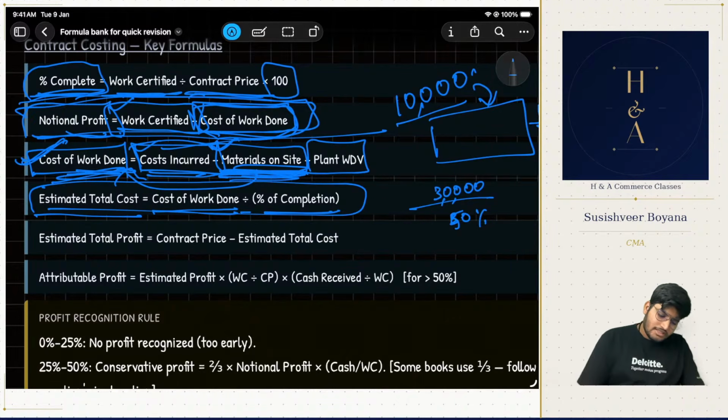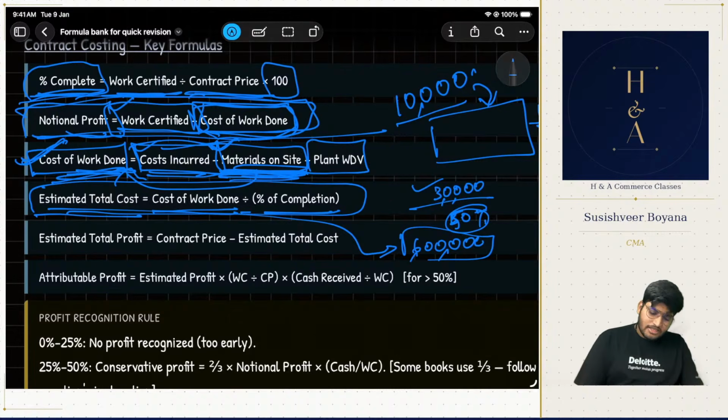It's around 6 lakhs that I am estimating. Why? Up till 50%, I've already incurred the cost of 3 lakhs. Then, if I'm supposed to do it at 100%, what is the cost going to be? You cross multiply. That's all, right?